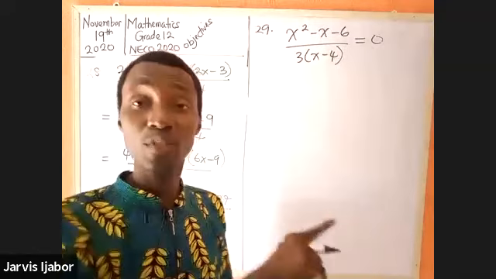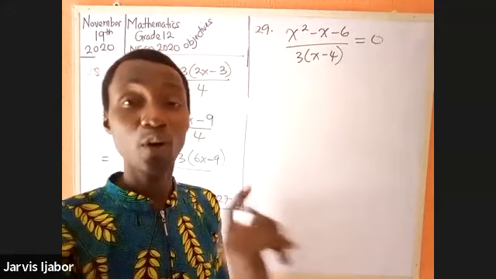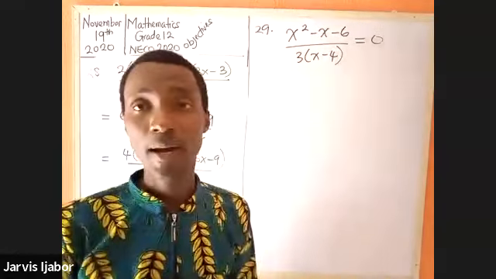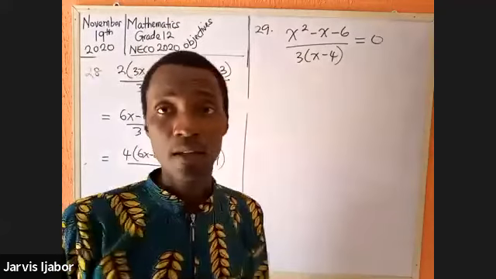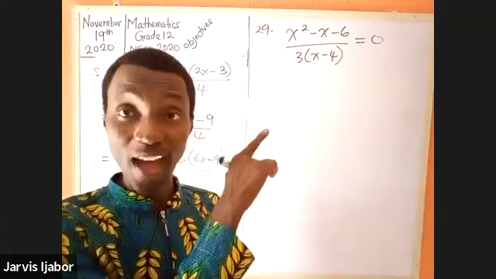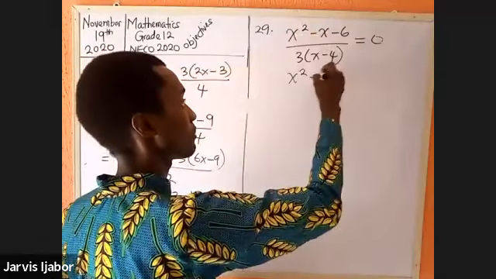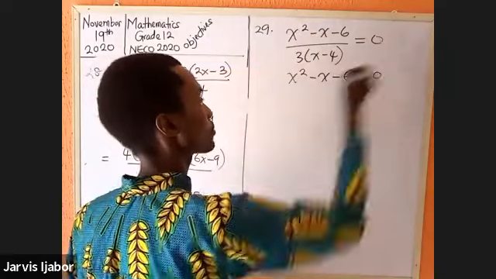For undefined, you equate denominators. But for equal to 0, you equate numerators. So this will be x squared minus x minus 6 equal to 0.